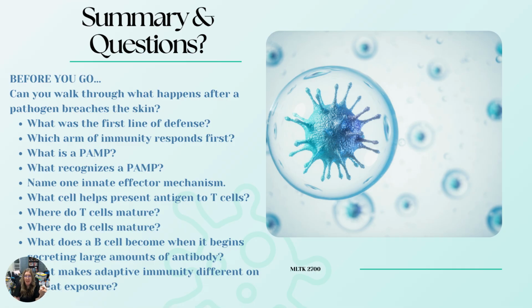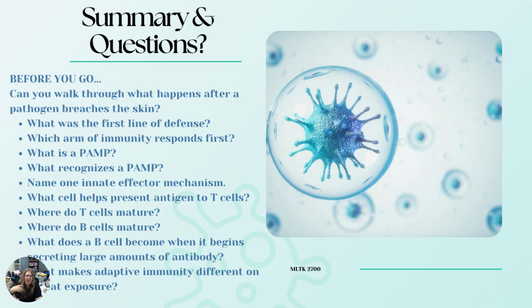If you said innate system or thought it in your head, great work. So now, how does that system recognize something that doesn't belong? Remember, recognition. Now we're looking for those PAMPs, right? Which are recognized by the PRRs.